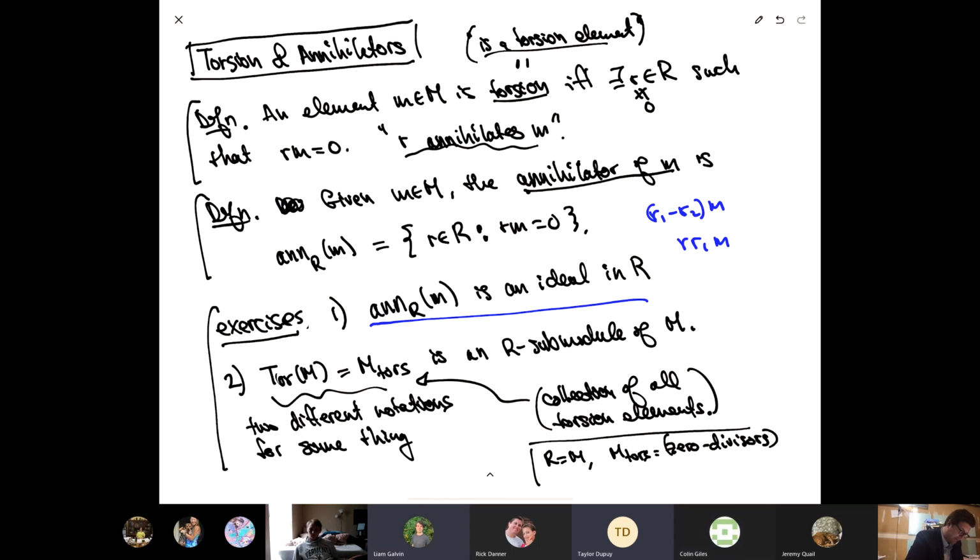The thing is that you could have some weird R module, something a little bit stranger.